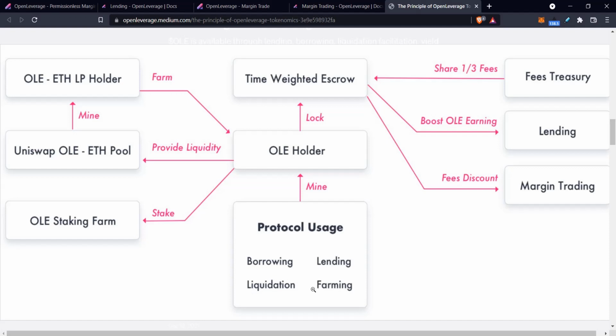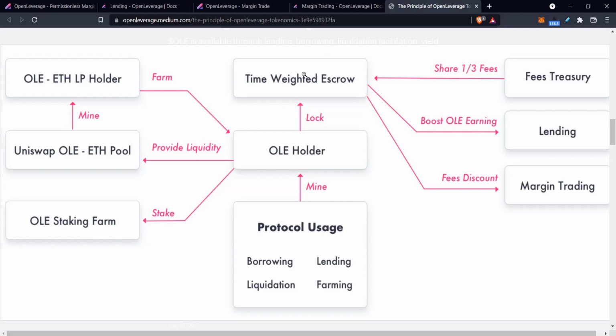So if you perform any of these actions, you can get some OLE tokens. You can supply the OLE tokens to the Uniswap pool and farm some more OLE tokens, or you can just straight stake OLE for some farming rewards as well.